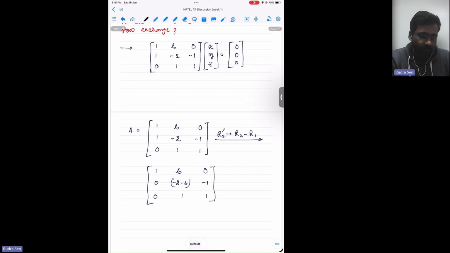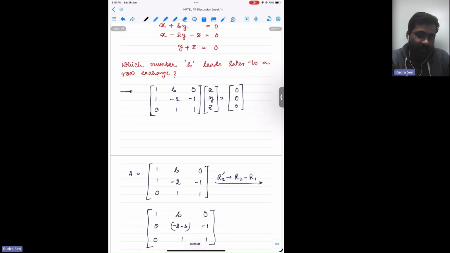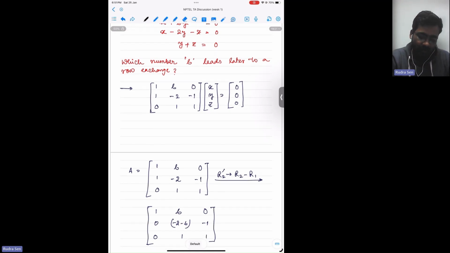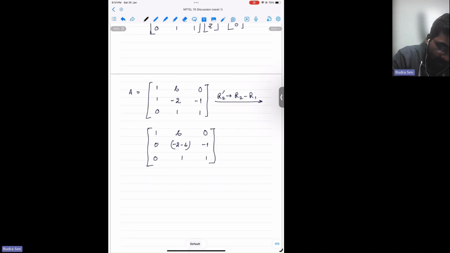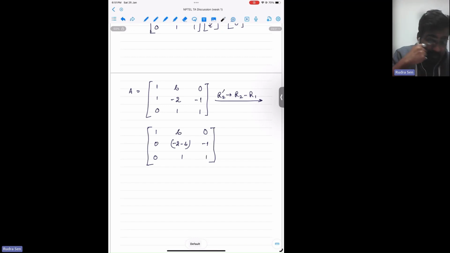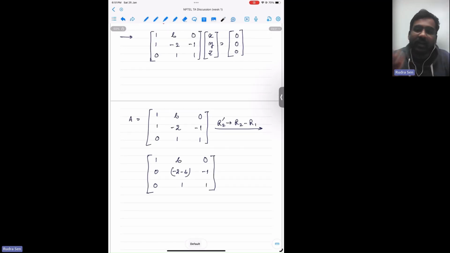So now the question is which number b leads later to a row exchange. The catch is that we have to find the value of b such that we need a row exchange, and not any scalar multiplication or subtraction with another row. We just exchange the rows and we get the answer.